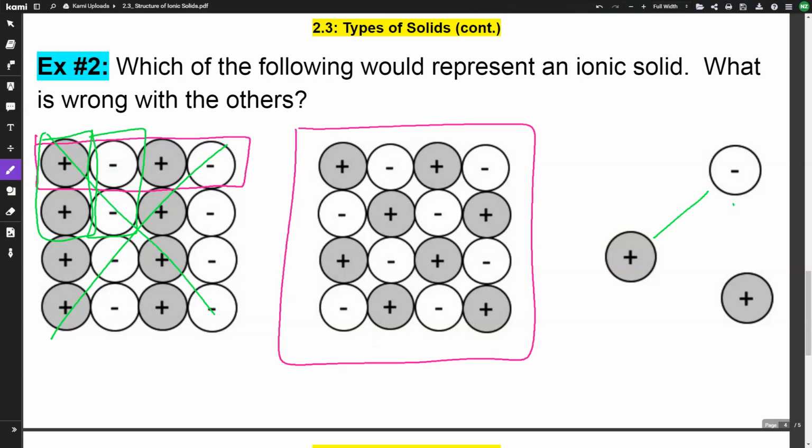Here, these are too far apart, so they need to be closely spaced like this when you're drawing them together. So this one wouldn't work. Both horizontally and vertically, they need to repeat positive, negative. The ionic solids repeat in that way.